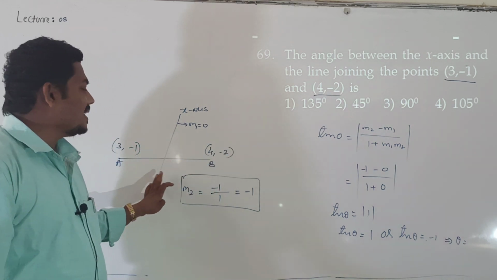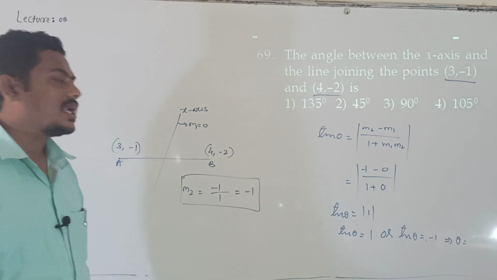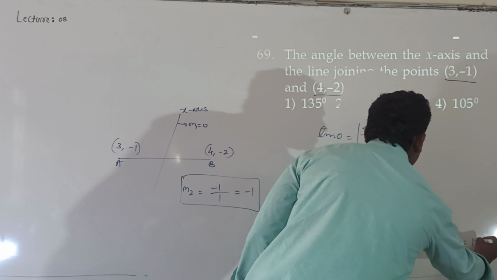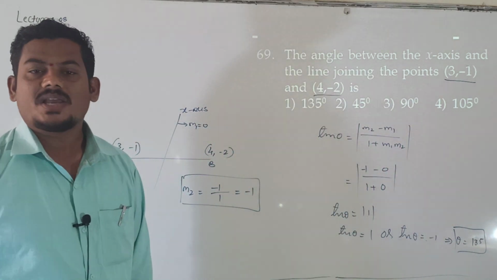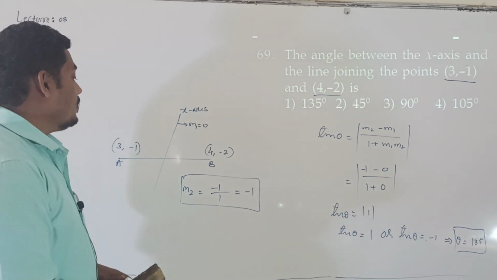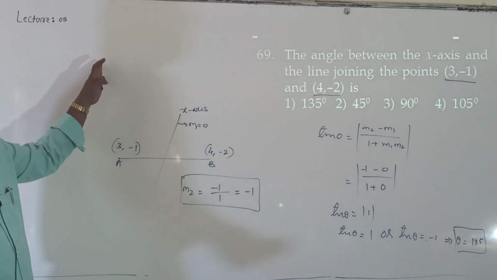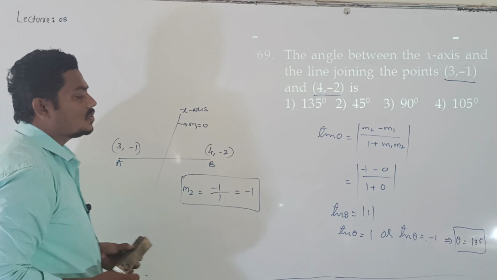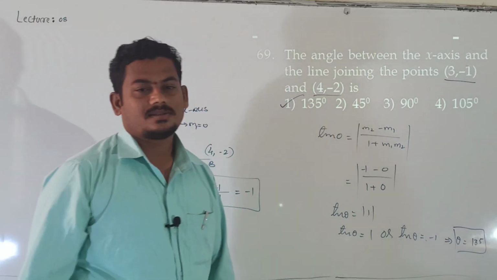But these two points are in the fourth quadrant, so clearly the angle is more than 90. So theta value is 135 degrees. If you solve this equation, then you get 45 as well as 135. But these 2 points lie in the fourth quadrant, so clearly the angle is more than 90 degrees. So theta value is 135 degrees. That is the first option.